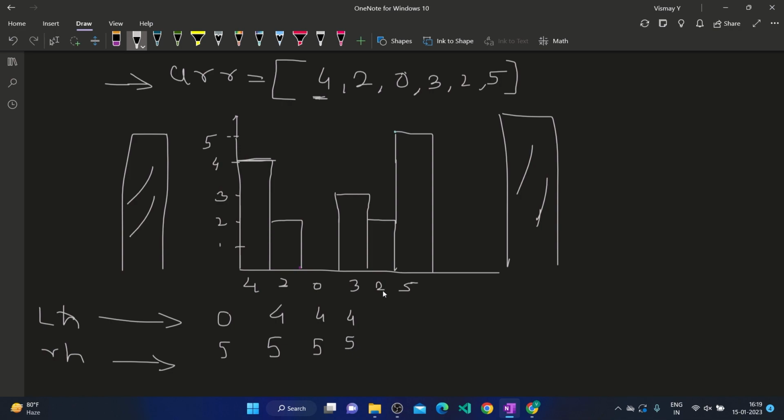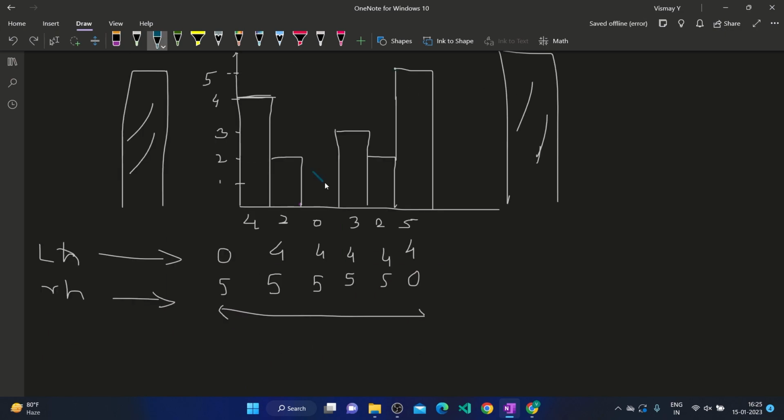For this 2, on its left side the highest is 4, and on its right side 5. For this 5, on its left the highest element is 4, and on its right we have nothing, so we write 0. So this is what we have on the left and right side of every element.